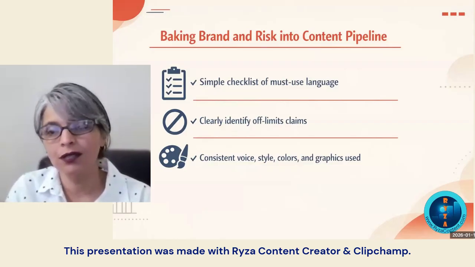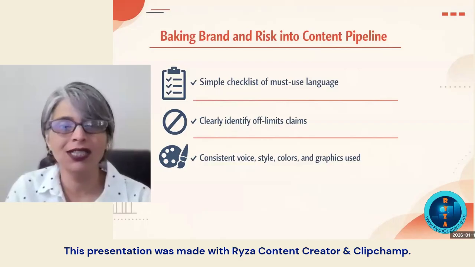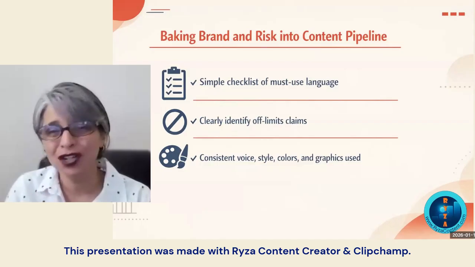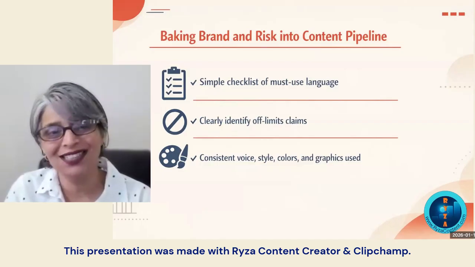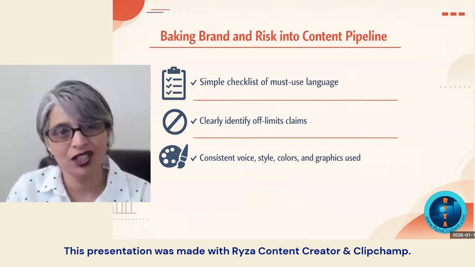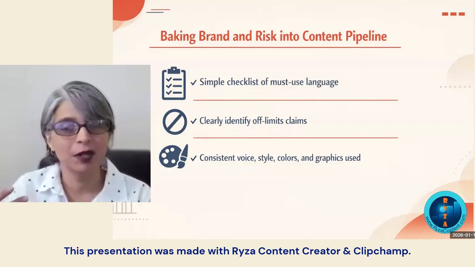Because in the short run, yes, one-off posts that are not on brand is not a big deal. But if you're consistently all over the place, it's like going into a crowded room and just talking out loud without actually having a conversation with anybody.